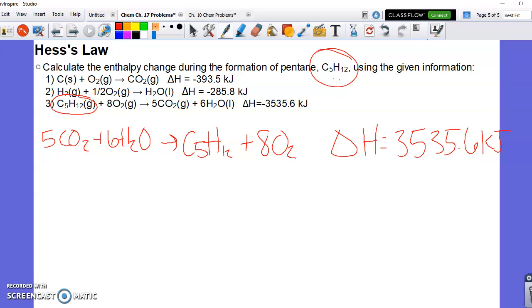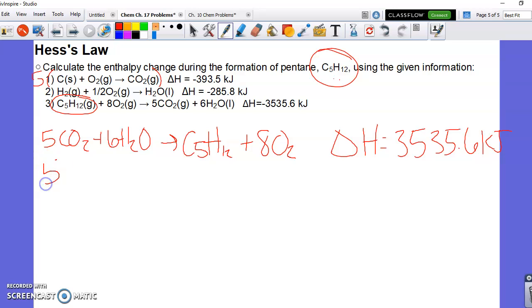So I'm going to start with my carbon dioxide as a product. I have one carbon dioxide there as a product. I have 5 of them as reactants here. If I want those to cancel out, I'm going to need 5 in my product. So what I can do is multiply this whole equation by 5.